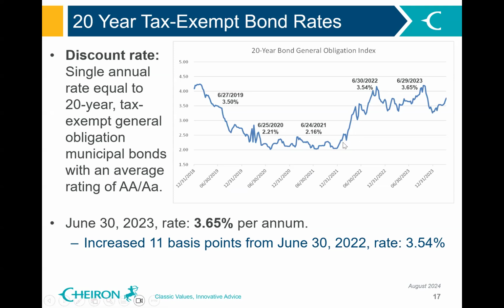But recently, as inflation has risen, we have seen these rates return to levels like 3.54 and 3.65. And what that means is that this valuation is using a discount rate of 3.65%. And that's just a little bit higher than what it was a year ago at 3.54%.